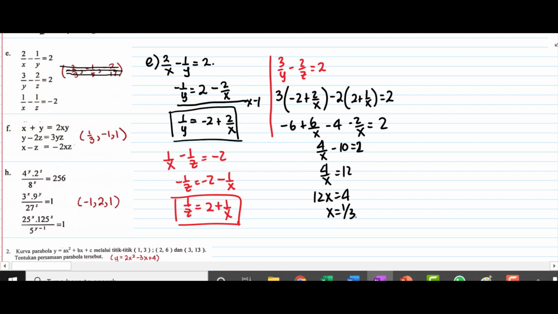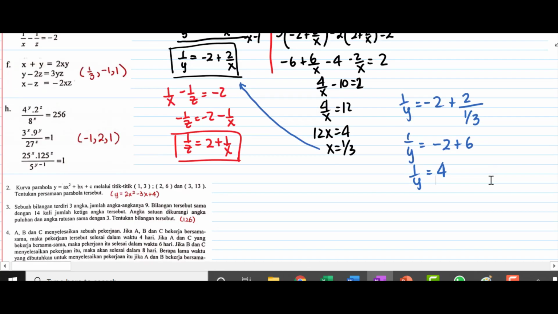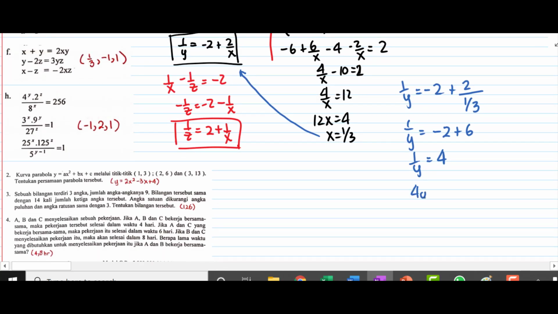So x equals 1 over 3, and then I can find y by substituting x into right here. 1 over y equals negative 2 plus 2 over x. x is 1 over 3. So 1 over y equals negative 2 plus 6. 1 over y equals 4. So y equals 1 over 4.